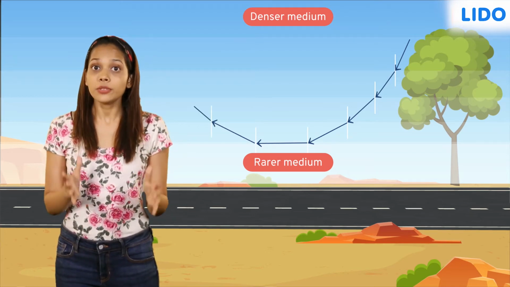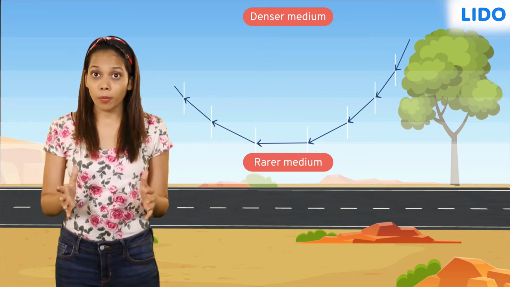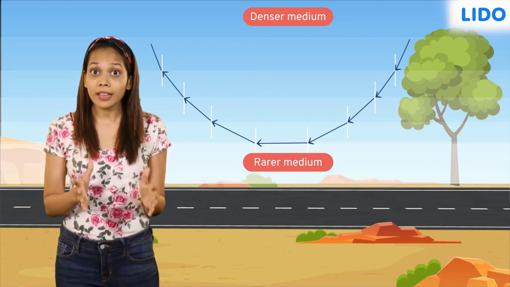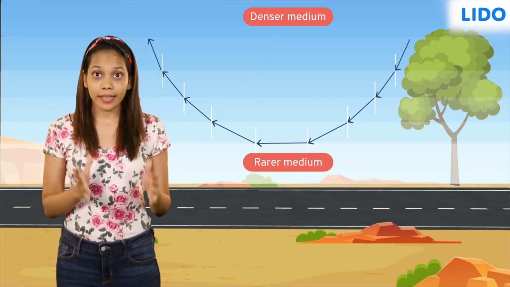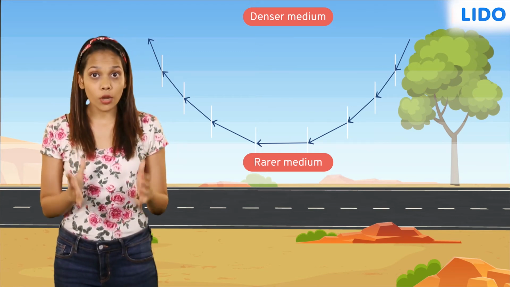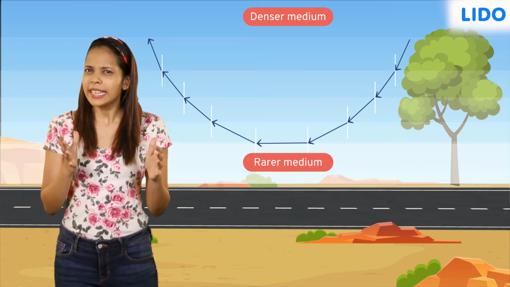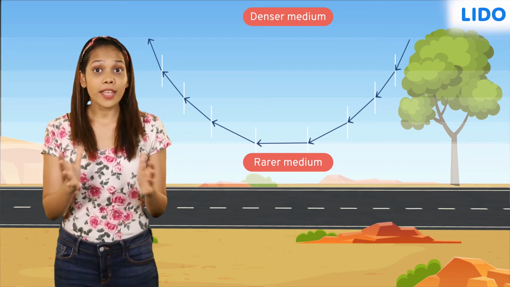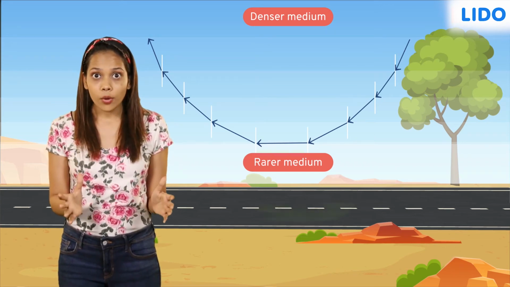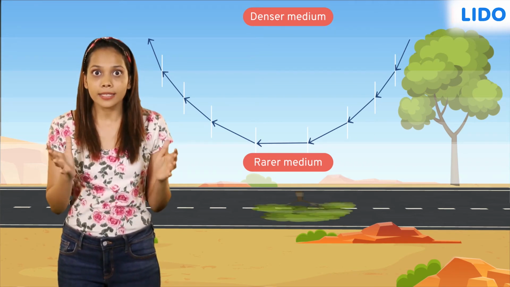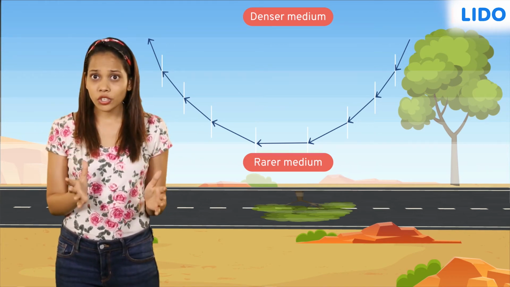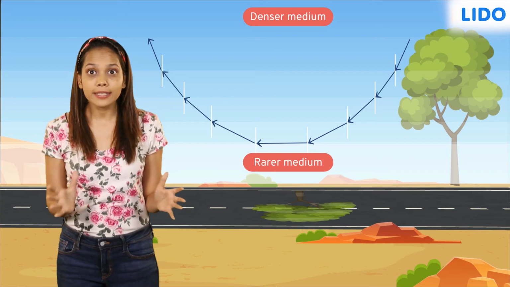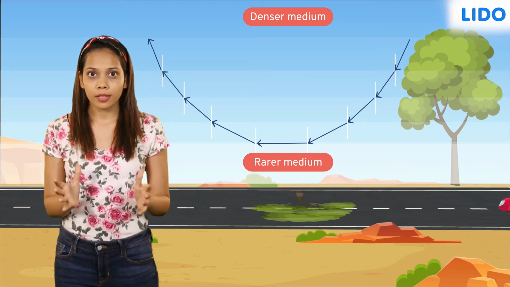Thereafter, it continues to bend away from the normal and looks almost like a reflection. This ray returns to the denser layer and is bent towards the normal a little bit in each layer. And when this ray reaches our eye, we see the tree upside down. To us, this looks like a reflection of the tree and creates the illusion of water.